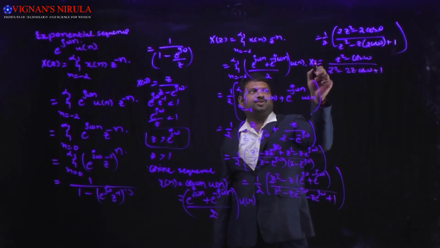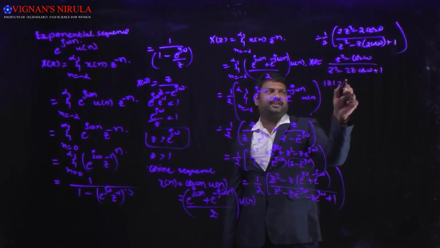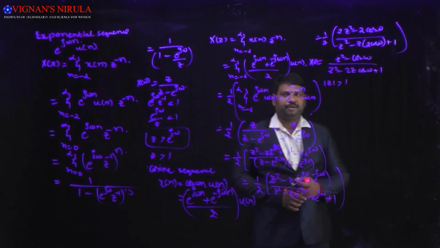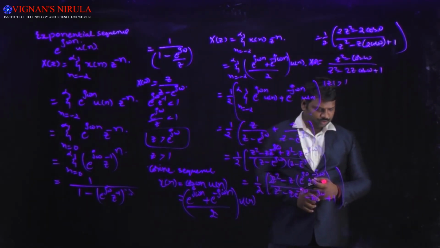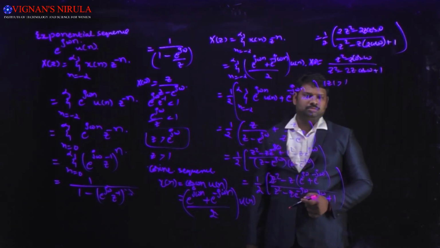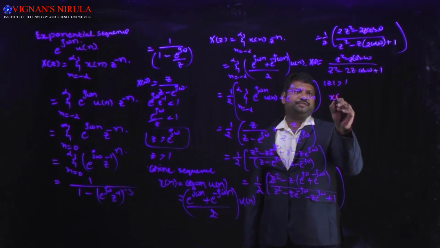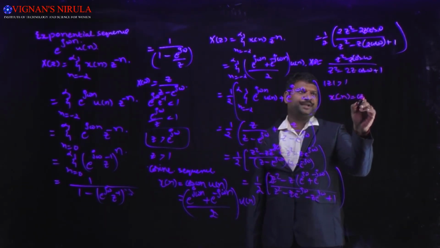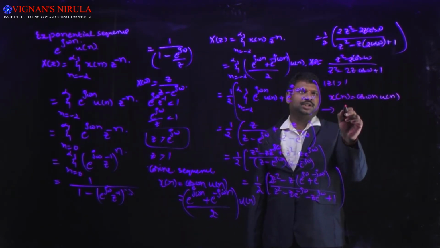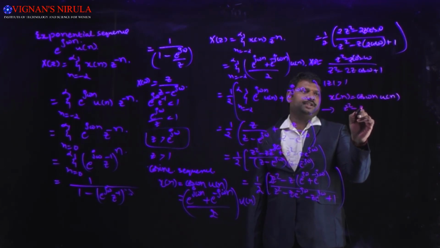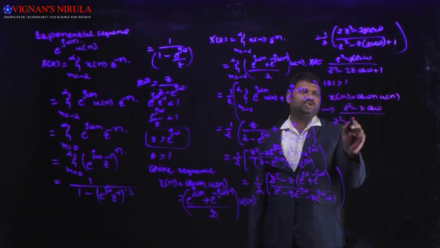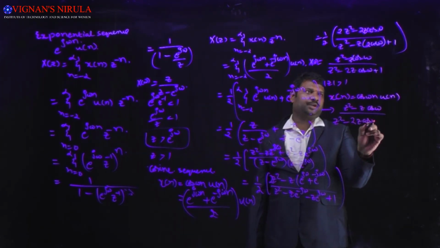That is its Z transform. And the ROC is mod Z greater than 1, which is similar to that of the exponential, because it is derived from the Z transform of the exponentials only. Therefore, the Z transform of cos of omega n into u of n is Z square minus Z cos omega by Z square minus 2 Z cos omega plus 1.